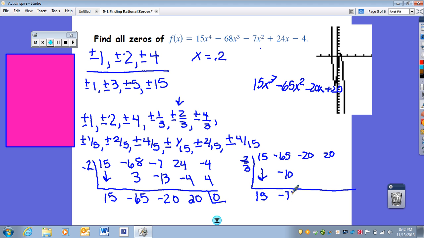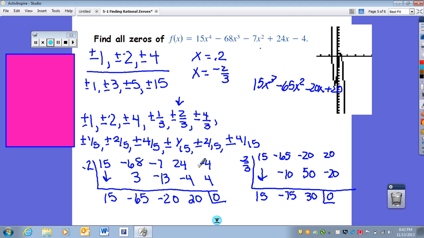And then multiplying negative 2/3 times negative 75 gives us a positive 50. When I add them together, I get 30. And when I multiply by negative 2/3, that gives me a negative 20 with the result of 0. So that would then be another solution. So we have x is equal to negative 2/3.